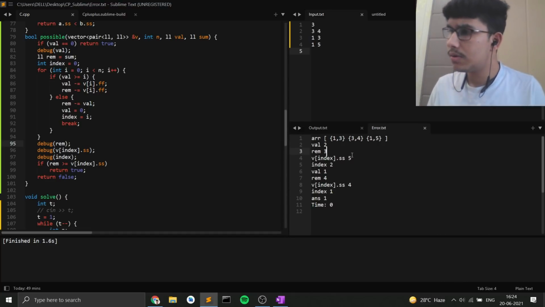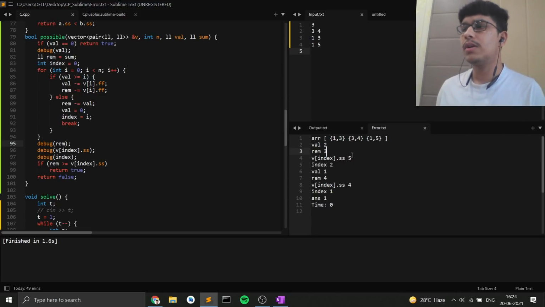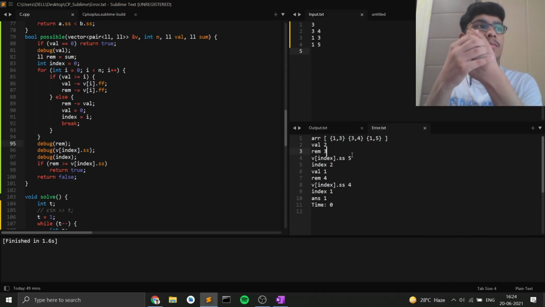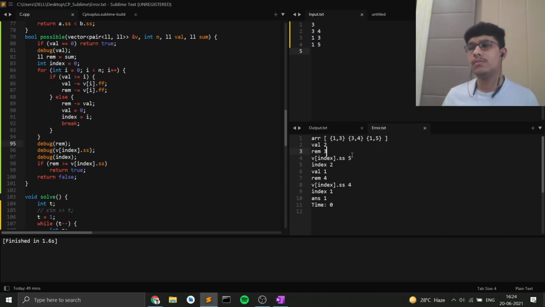So remaining equals to 3. I buy this for 2, I buy this for 2 again, and I buy this for 2. And then I'm able to buy this for 1. Right.